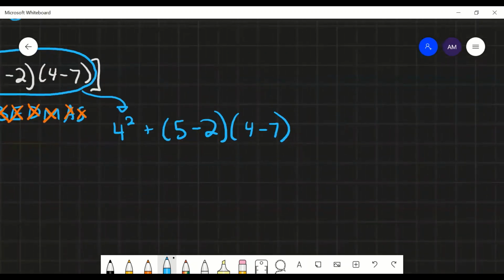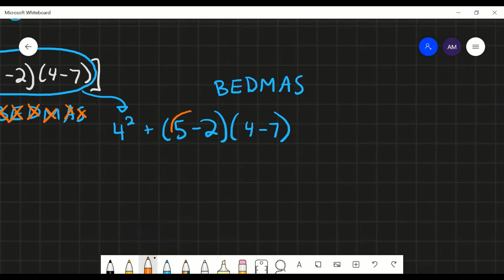Okay, this requires its own set of BEDMAS. Are there brackets? Yes. There's a 5 minus 2 in a set of brackets, and there's also a 4 minus 7 in another set of brackets. So 4 squared plus 3 times negative 3.